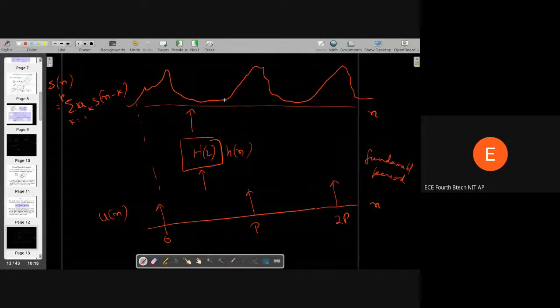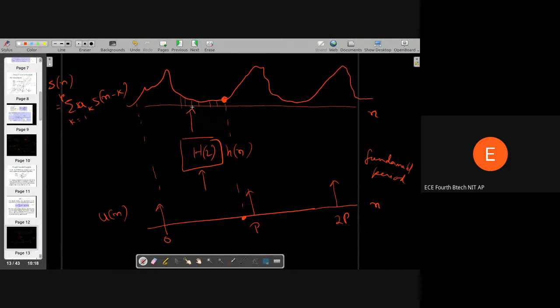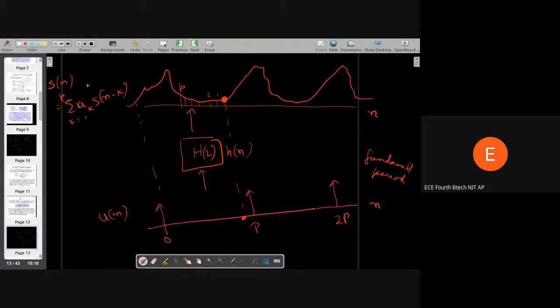At this point, S of n is a weighted sum of the previous p samples.